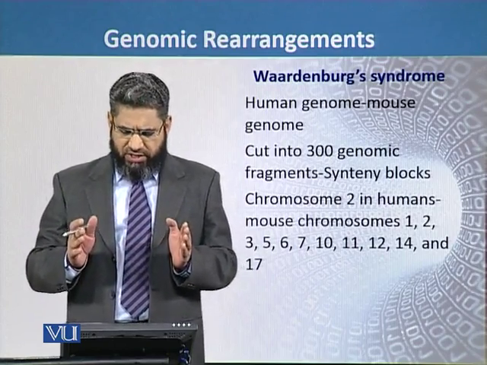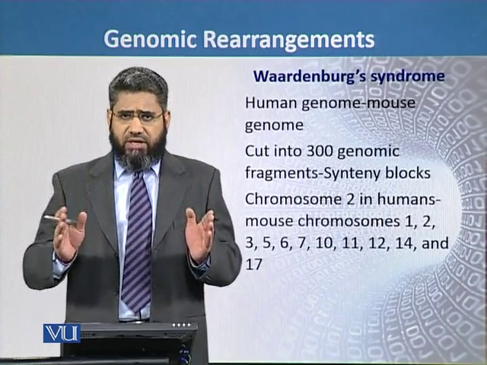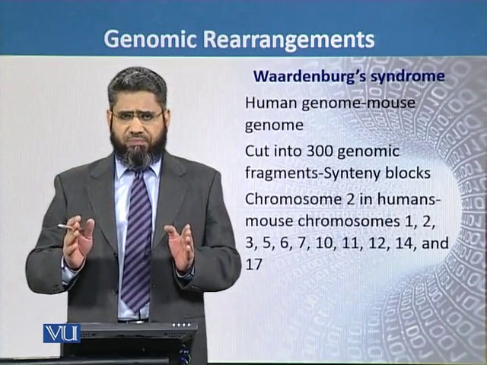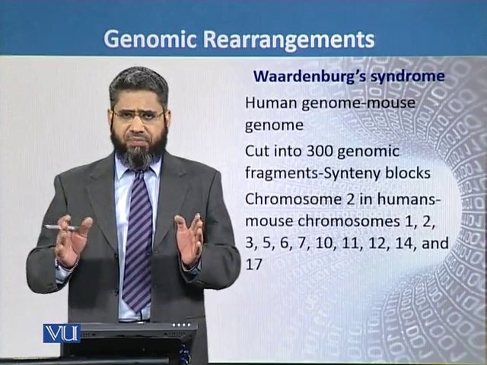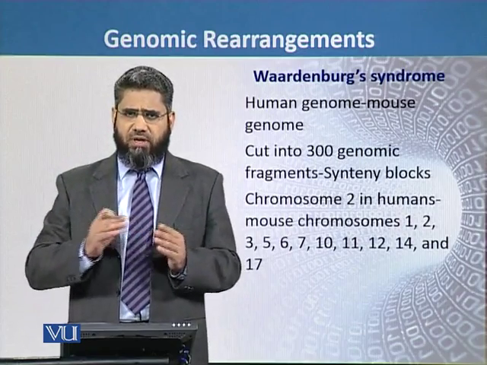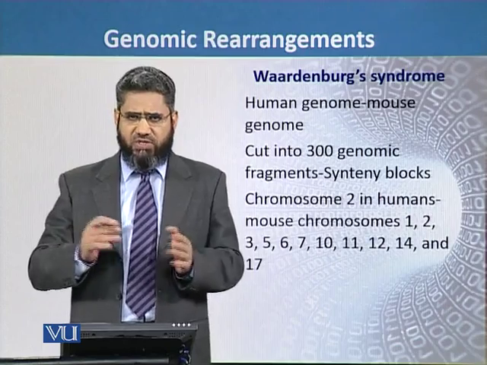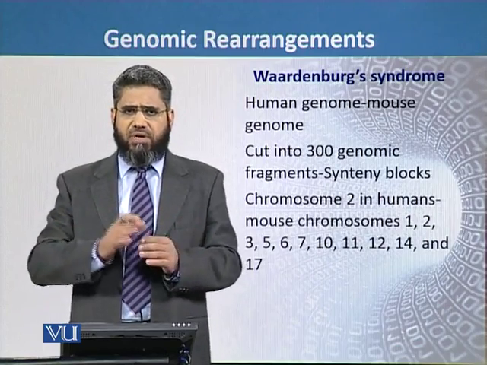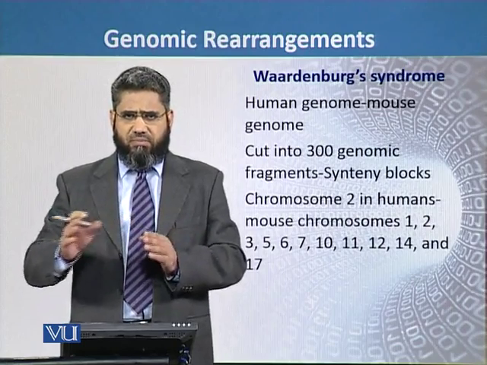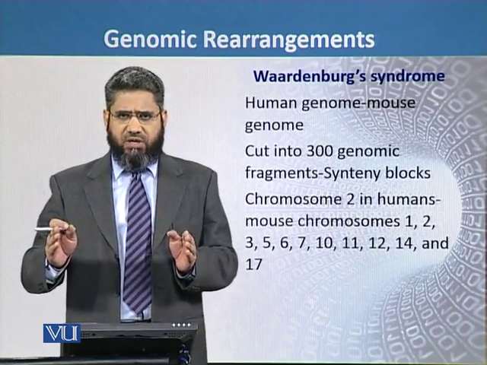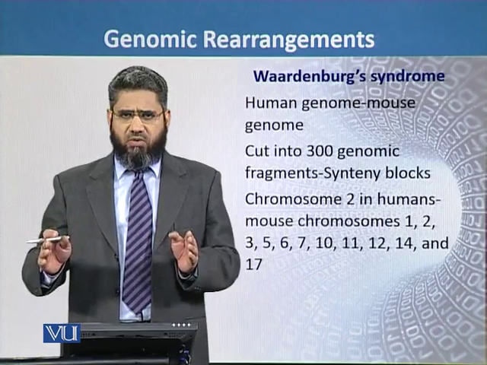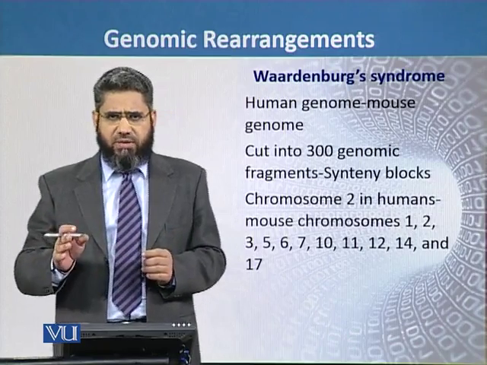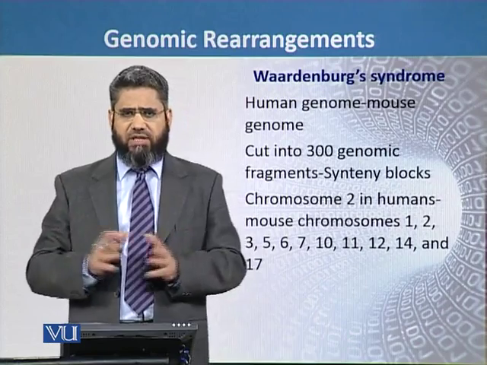So we can say that if we cut the human genome into 300 pieces and rearrange them, it will become the mouse genome, or vice versa. The gene order is the same, but using cutting and pasting, we can rearrange the genome and come up with the same order in the human and the mouse.